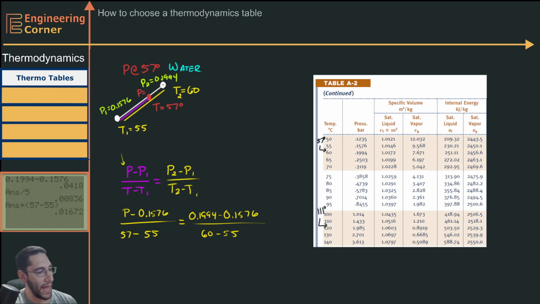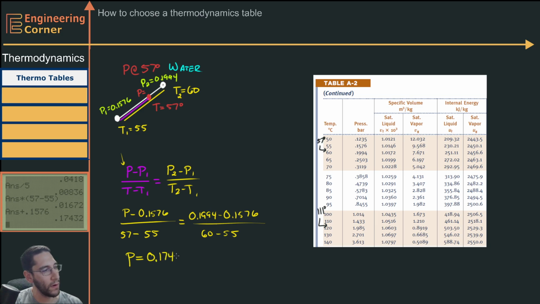And then we're going to add 0.1576, and I'm going to get my pressure is equal to 0.17432 bar.